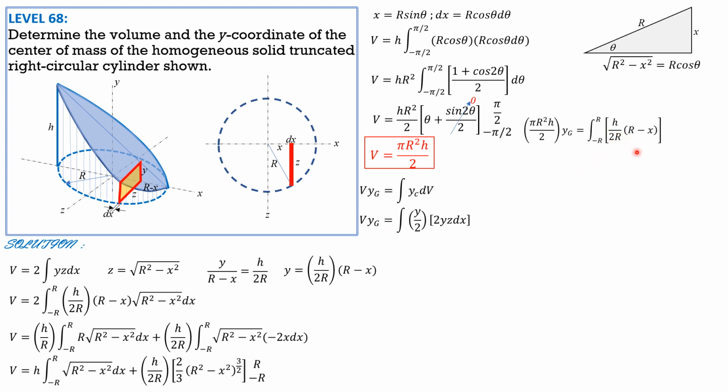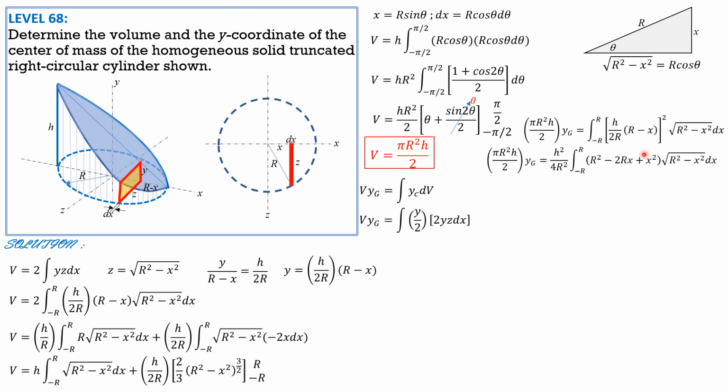y squared is h over 2r, r minus x, quantity squared, then z, square root of r squared minus x squared dx, rather. So expanding, pi r squared h over 2 times yg equals h squared over 4r squared, then integral from negative r to r of r squared minus 2rx plus x squared, then square root of r squared minus x squared dx.